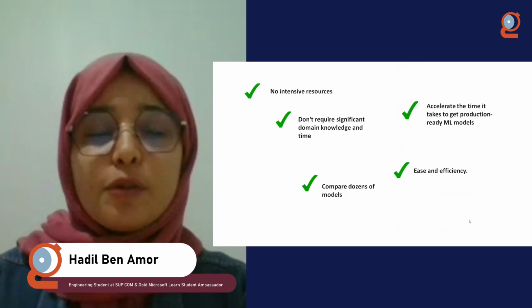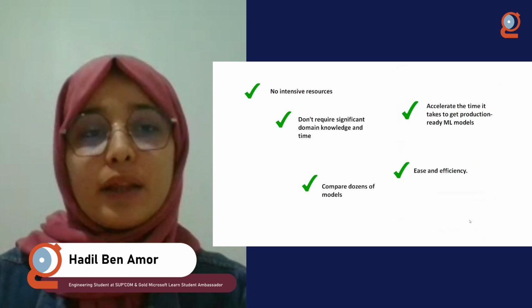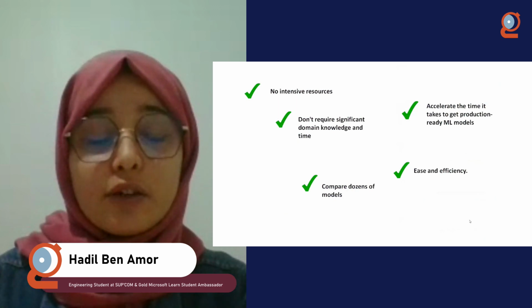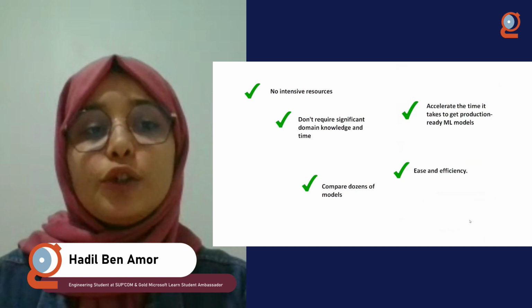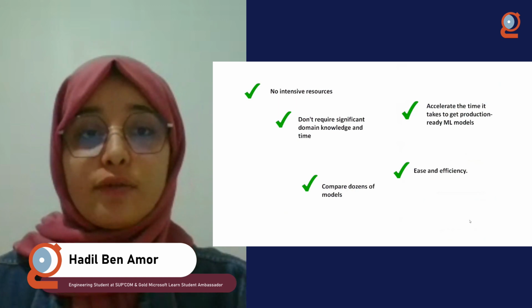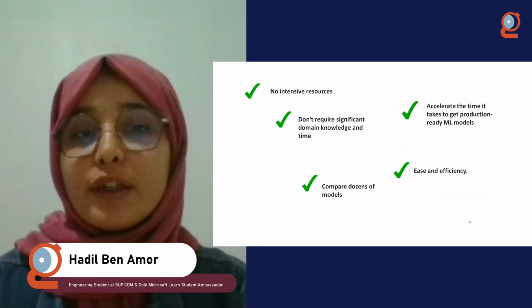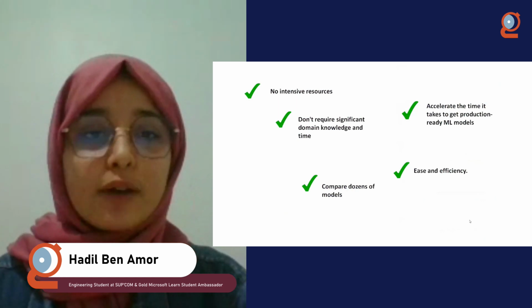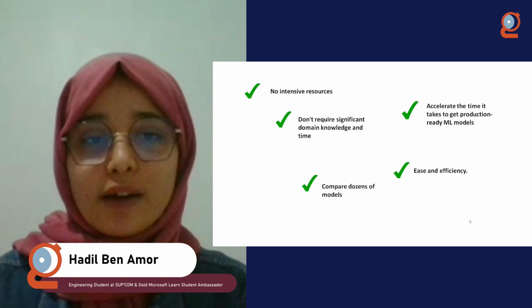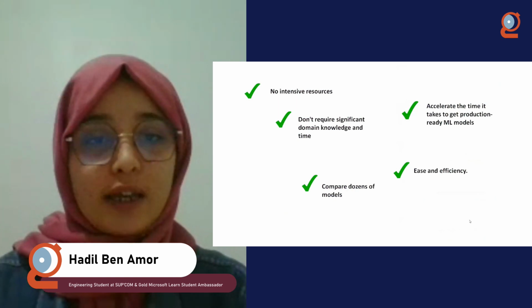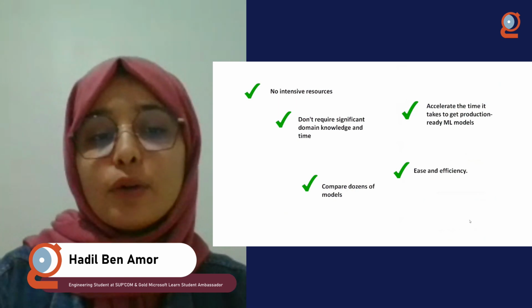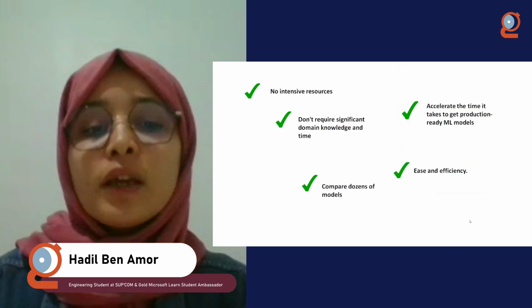So why use automated machine learning in place of classical machine learning? Because you won't need any intensive resources like CPUs or GPUs, because everything is done in the Azure cloud. You will not require significant domain knowledge and time, because we have two approaches we are going to discover.